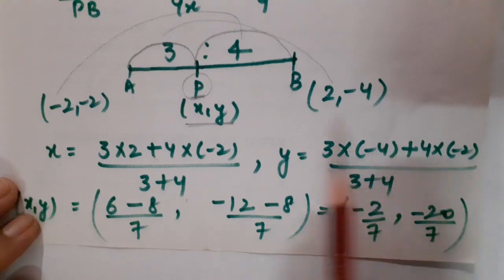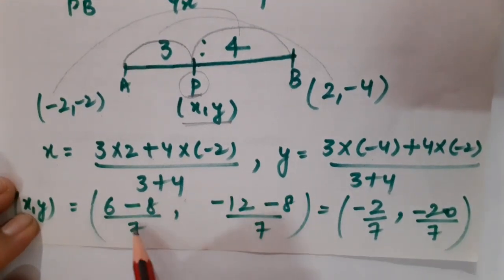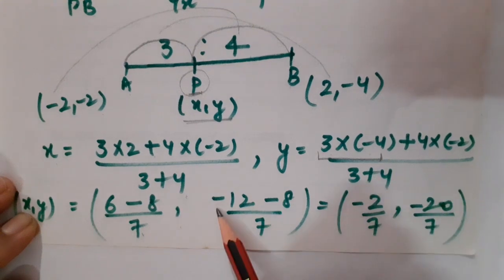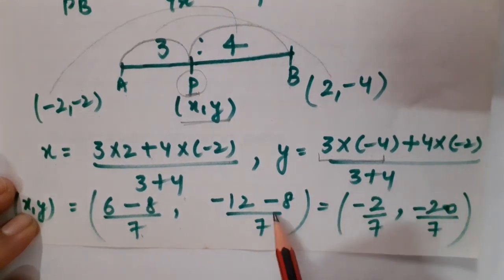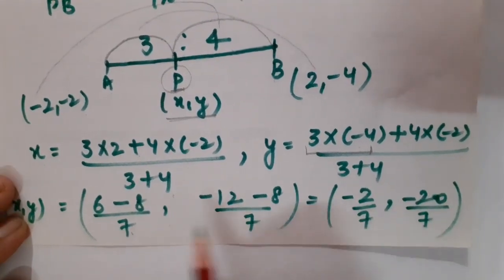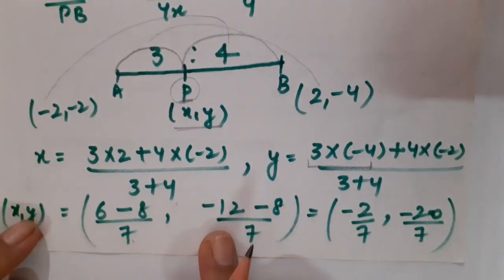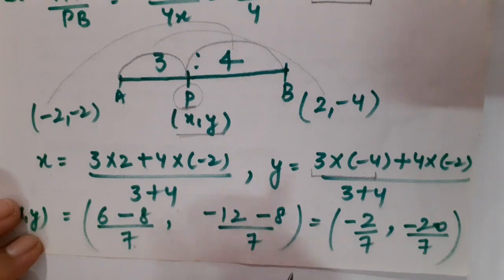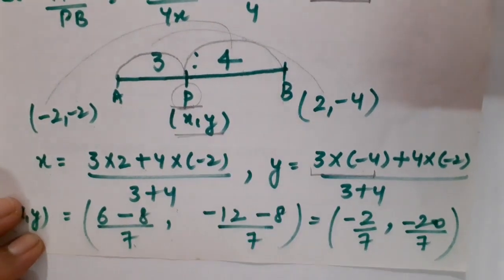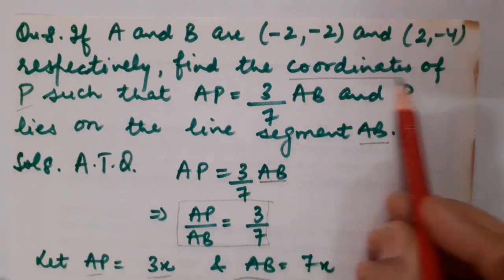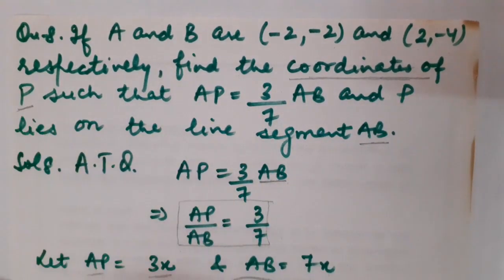So let us simplify. This is 6 minus 8 upon 7, comma, 3 4s are 12 with negative sign, minus 8 upon 7. So children, I have got minus 2 upon 7 and minus 20 upon 7 as the coordinates of the point of division, that is point P. Fine. The same thing was demanded in the question, that you have to find the coordinates of the point P.